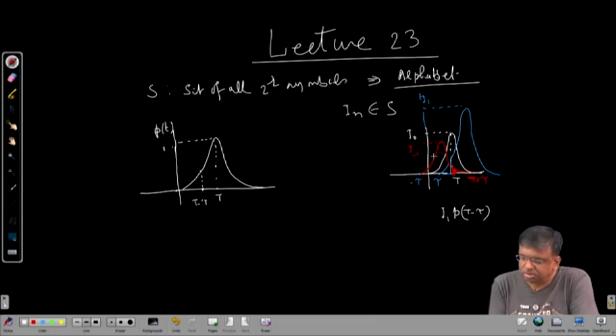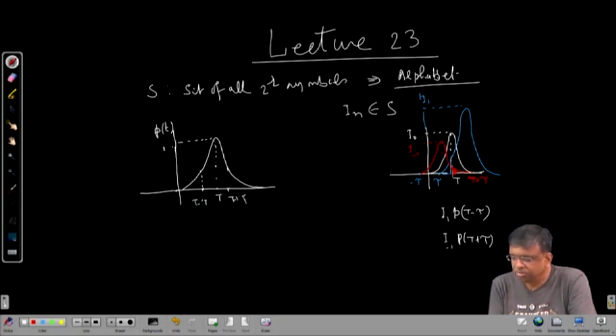Similarly, this pulse, from its center point, if you go tau to the right and multiply by I minus 1, you will get another component. Because the next peak is tau to the right of the peak of this pulse, they are separated by tau.